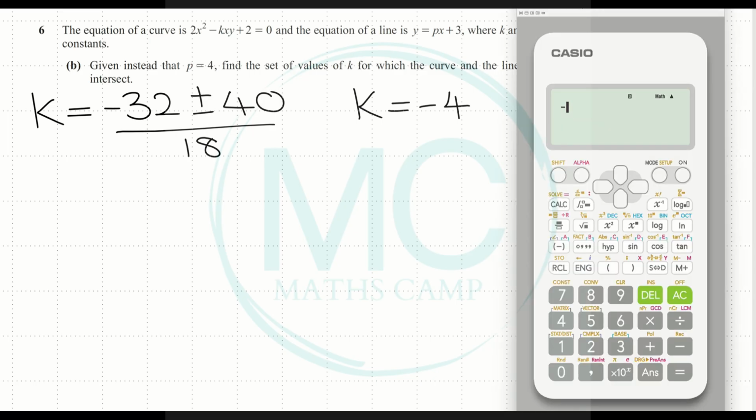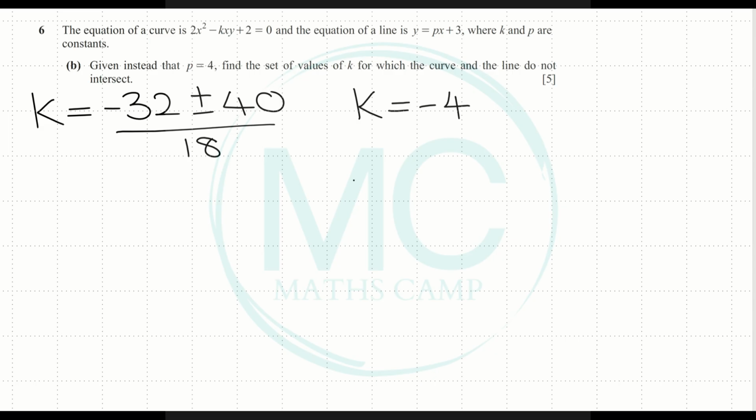Let's say negative 32 plus 40 divided by 18 is equal to 4 over 9. So k could be equal to 4 over 9. But these values of k make the discriminant equal to 0. And we don't want a discriminant equal to 0. We want a discriminant smaller than 0.